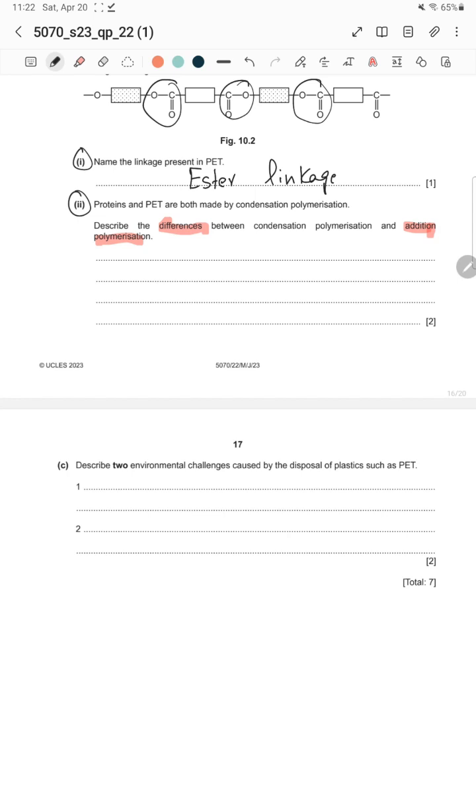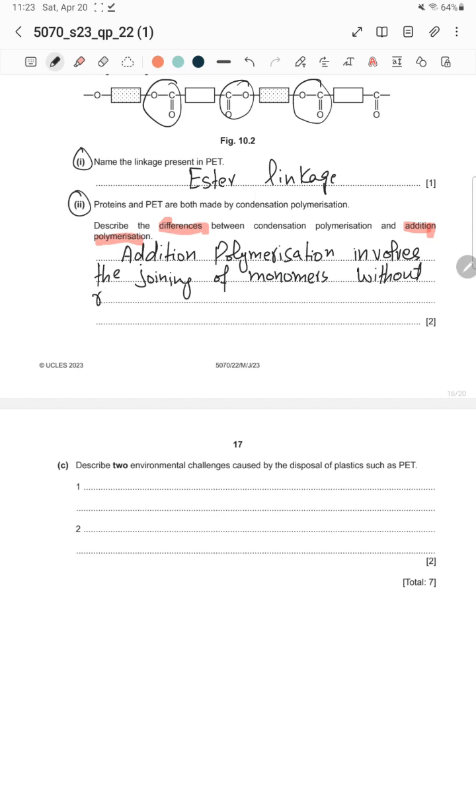So dear students, addition polymerization involves the joining of monomers without removal of water molecules, and the opposite occurs in condensation polymerization.